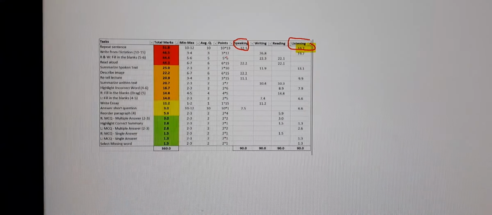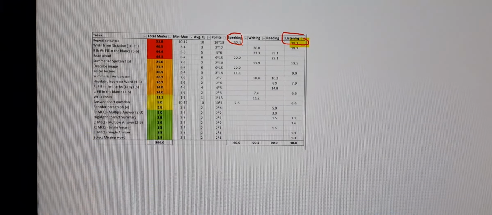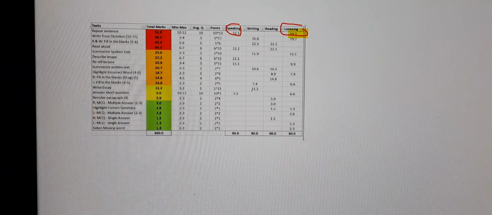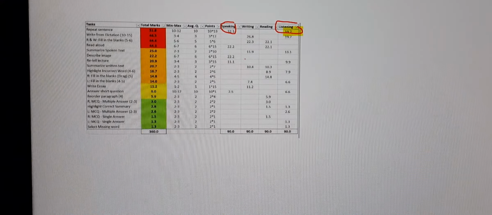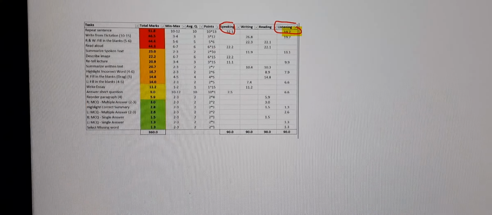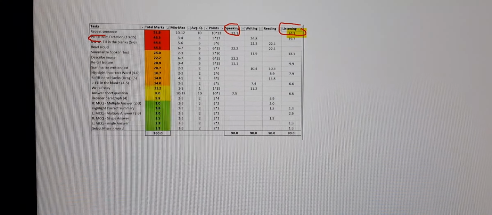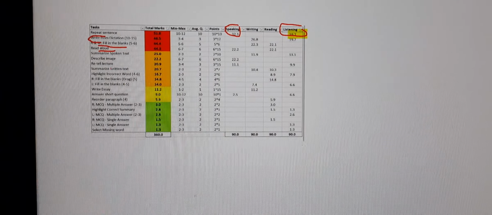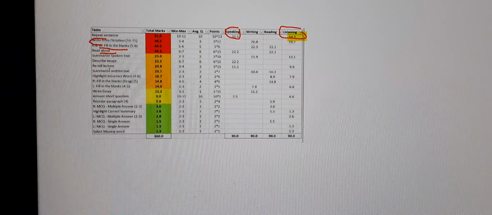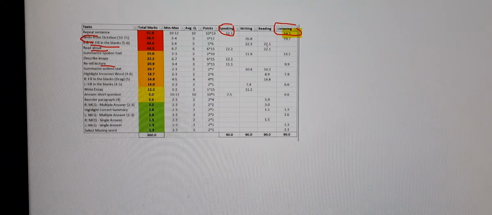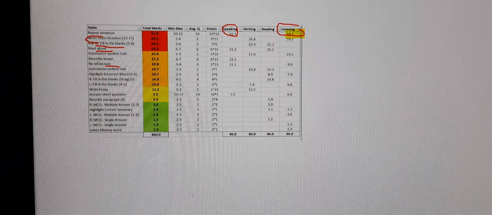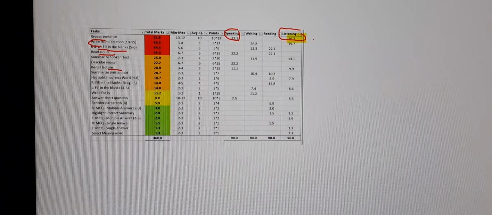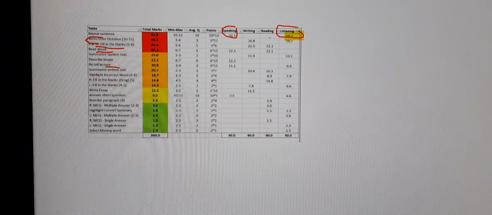So guys, first you need to plan for those sections where marks are distributed across different sections, and different sections are related. For example, repeat sentence, write from dictation, we have fill in the blanks, we have read aloud, we have retell lecture. You are first going to filter out those sections which have high marking and which impact both.